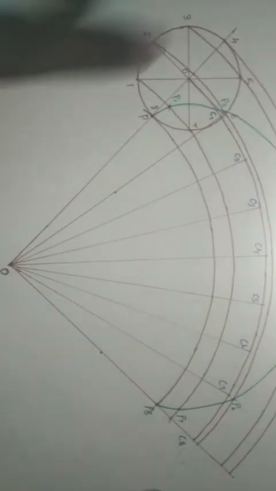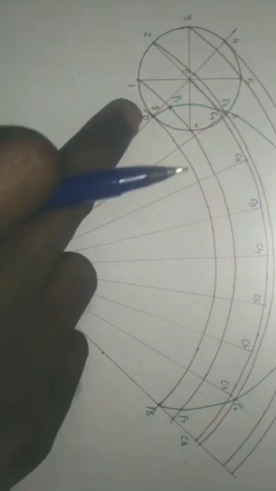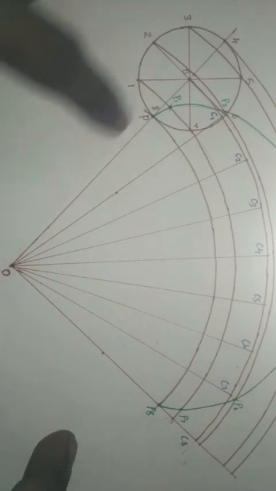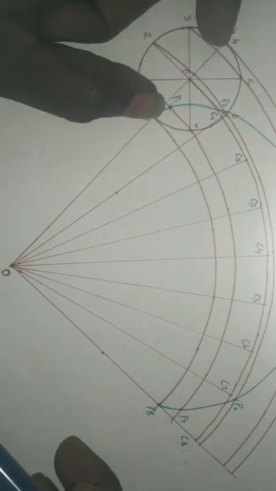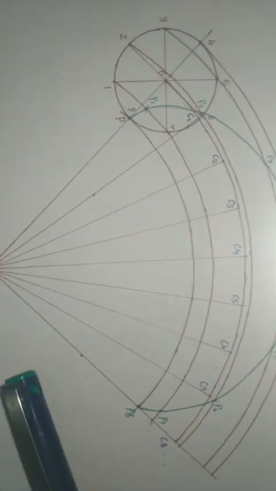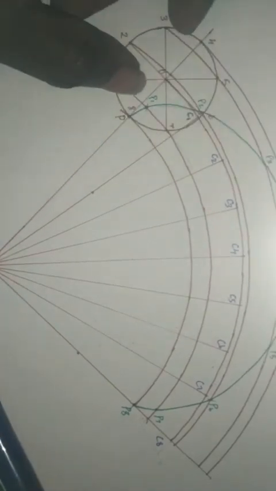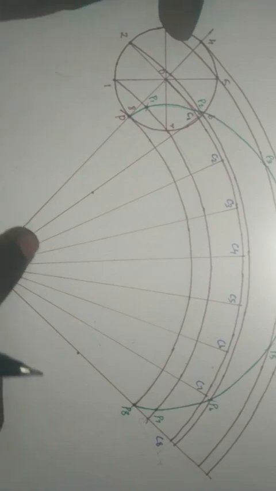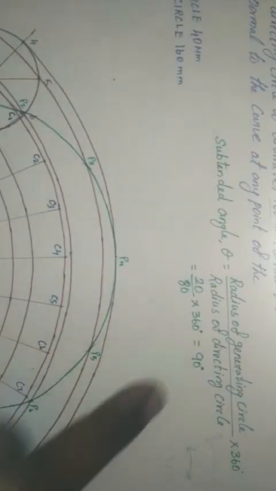So we first generate the directing circle, then we extend the diameter line. Over here we draw the rolling circle, then we divide this rolling circle into 8 equal parts. After that we found this subtended angle by using this formula.